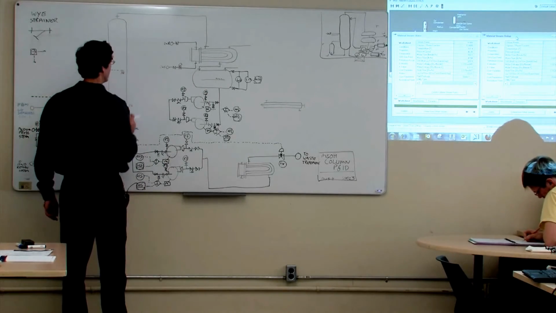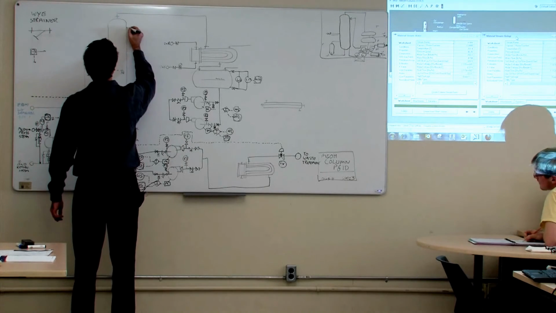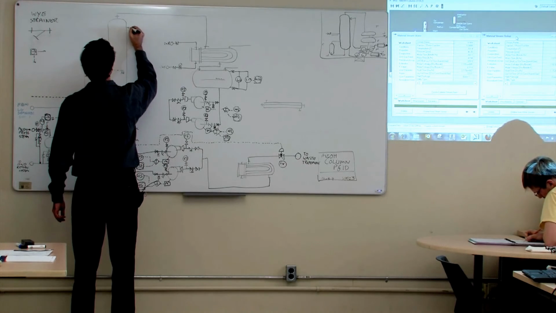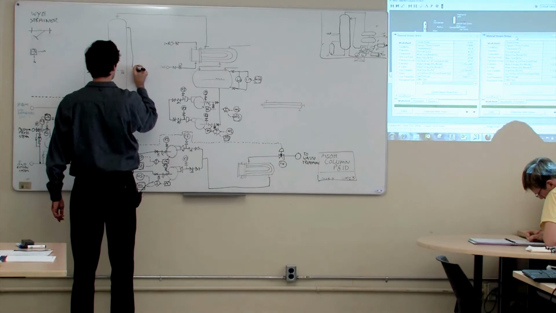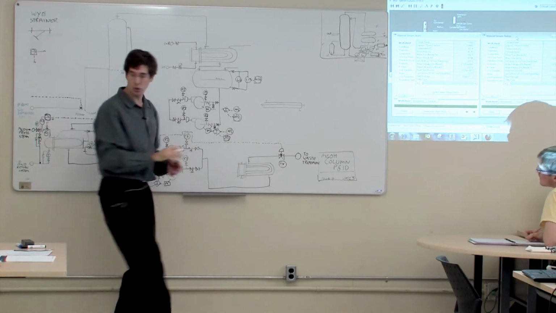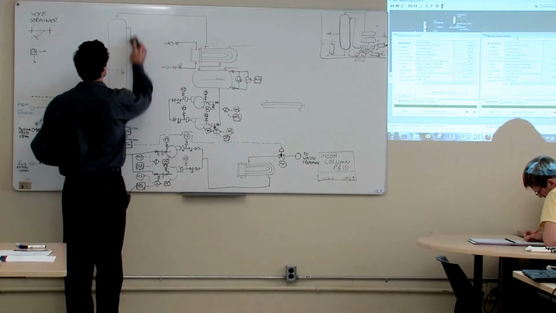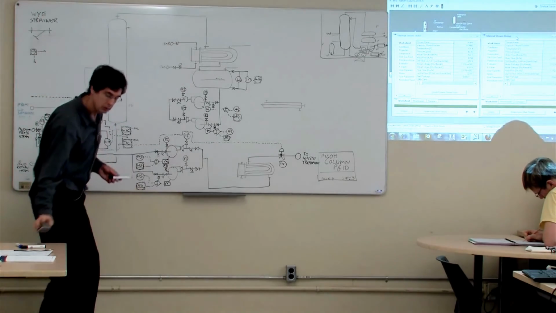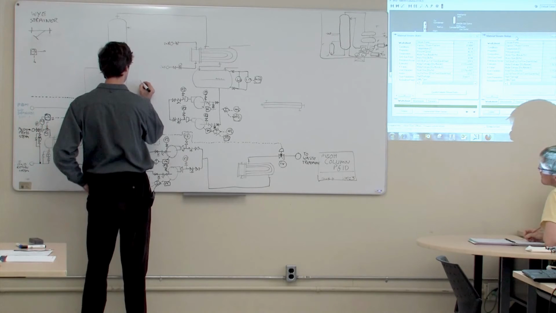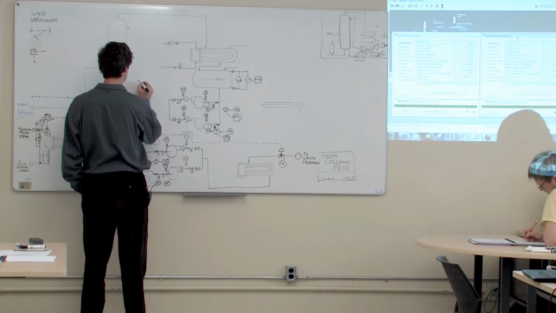And I've got to get the reflux going up the top of the tower, so let's put the reflux in right now, like that. Wait a minute, I need some more space here. Okay, so let's put the reflux flow control in, and that one I am going to put on a cascade loop.